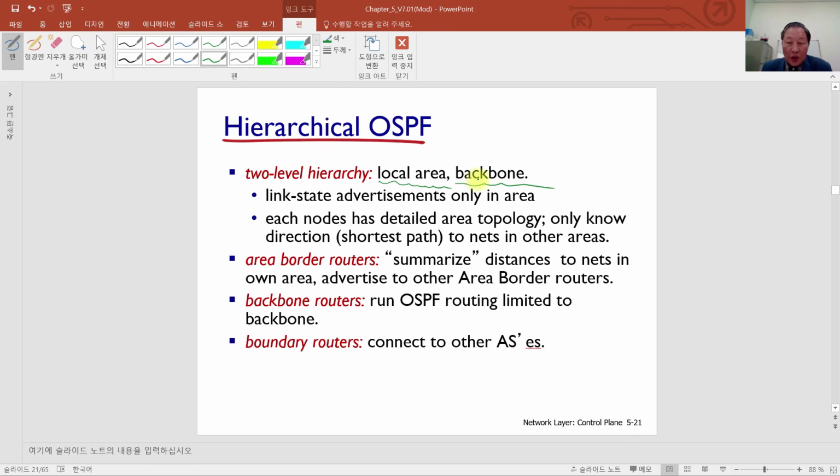As we just observed in the previous slide, link state advertisements are only within the area. Each node has detailed area topology information, and only knows the direction, the shortest path, to networks in other areas.